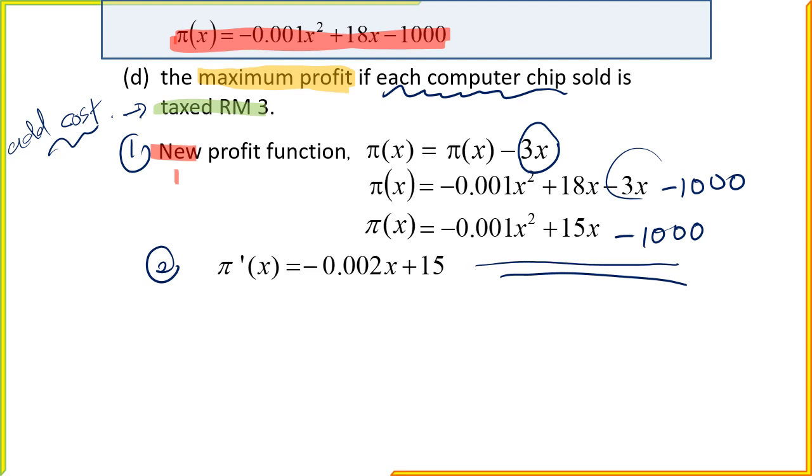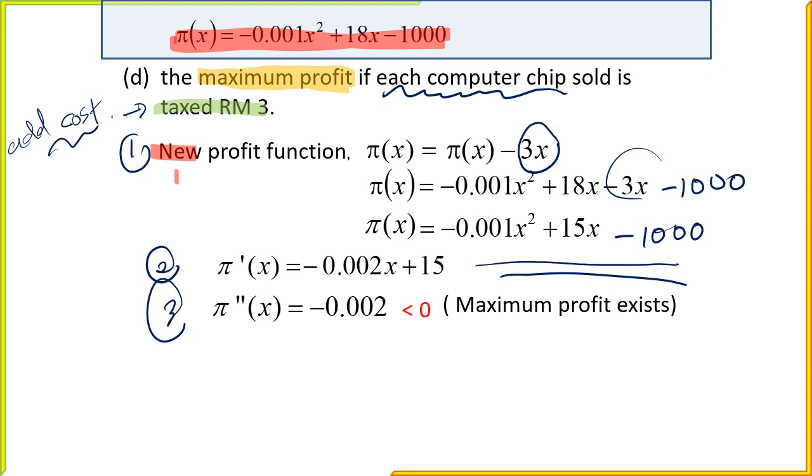So differentiate negative 0.001x squared, we get negative 0.002x. Differentiate 15x, we get plus 15. And then we can directly check whether the maximum profit exists or not by differentiating the second derivative. So pi double prime x is equal to negative 0.002, which is less than 0, which means the maximum profit exists. It still exists, even though we have a new profit function.